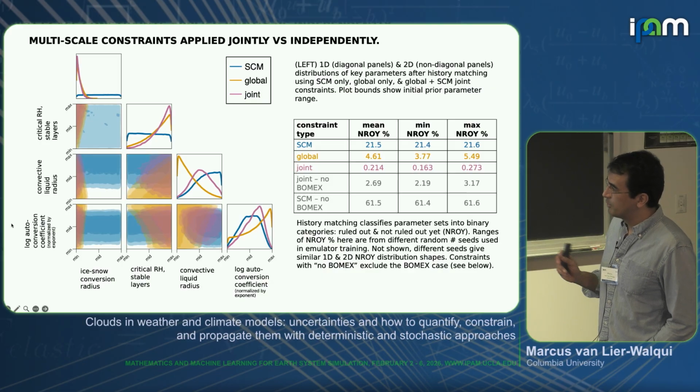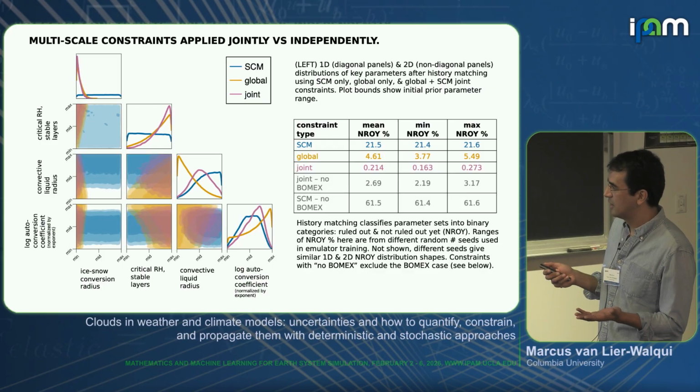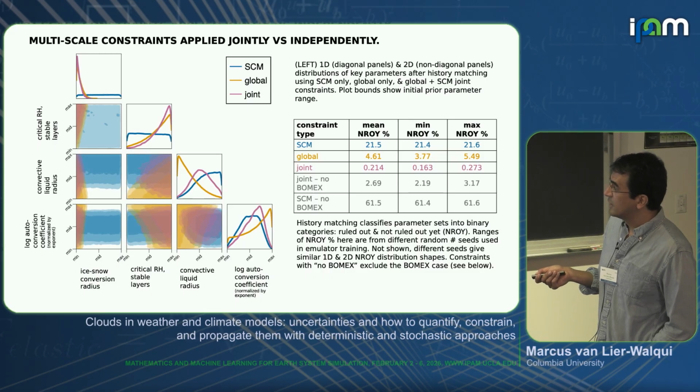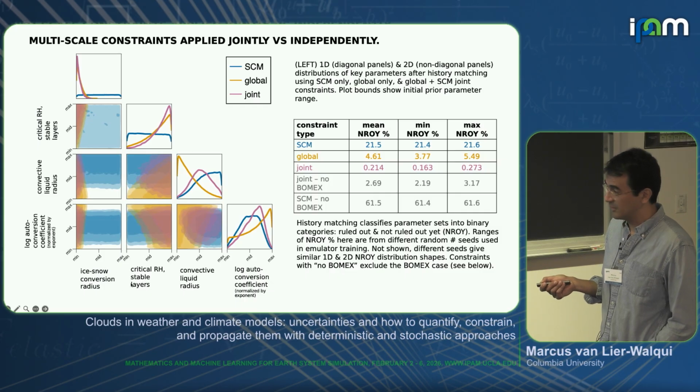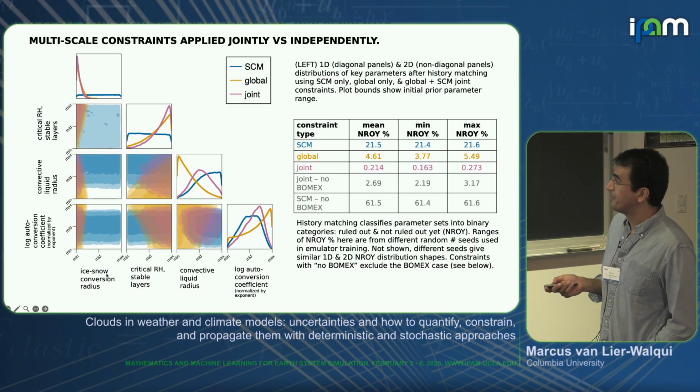So if we include both the single column model and a global constraint, how do those compare? You can see in some cases there's very little difference between the global and the joint constraint. The SCM provides relatively little, and in other cases the SCM does provide different information than the global constraint. Maybe you have to look at that a little bit carefully.